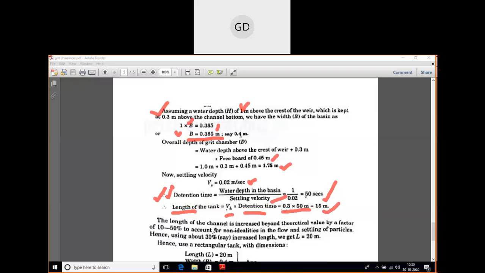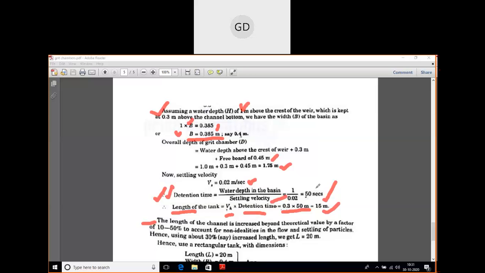So now again you see here, you read this line: the length of the channel is increased beyond the theoretical value by a factor of 10 to 50% to account for non-idealities in the flow and settling of the particles. Okay, so what it is said here is that whatever length value you get after designing, that actual theoretical length value is increased by some factor of safety, you can say.